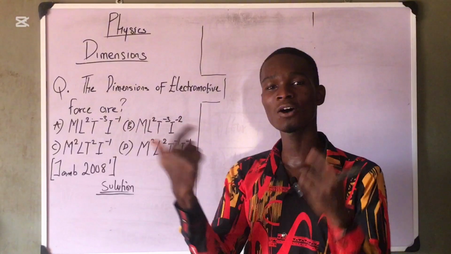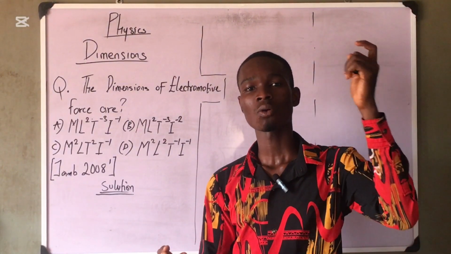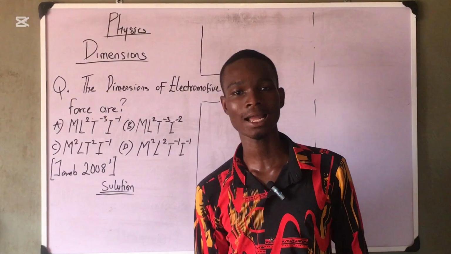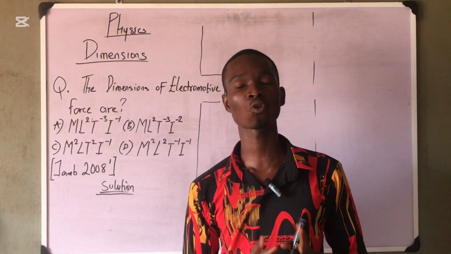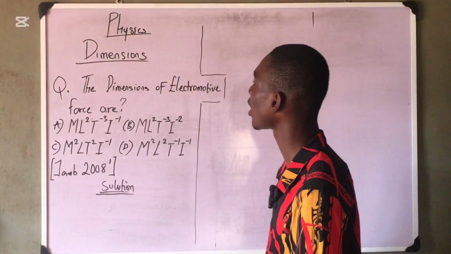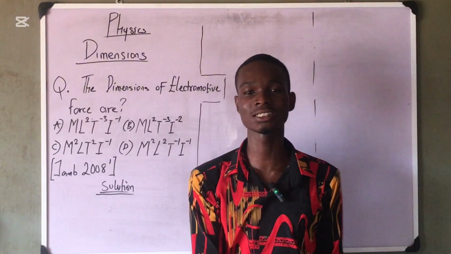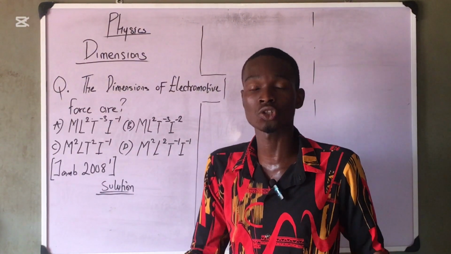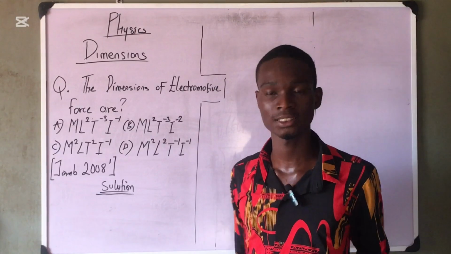Because when you talk about physics, you talk about matter. And when you talk about matter, you talk about quantities of matter. And also when you talk about quantities of matter, you talk about the fundamental quantities and the derived quantities. And when you take a look at this, it is the dimensions of those quantities.